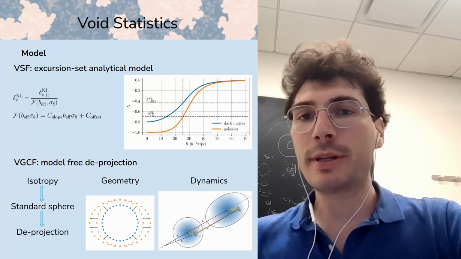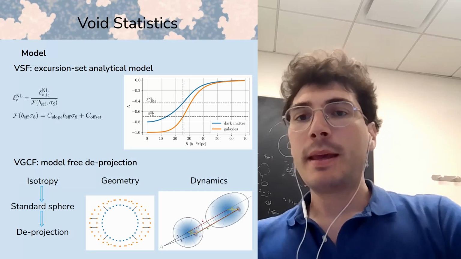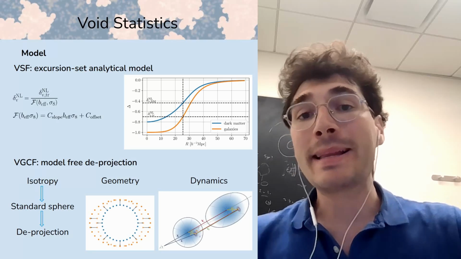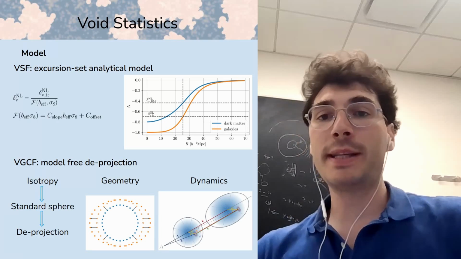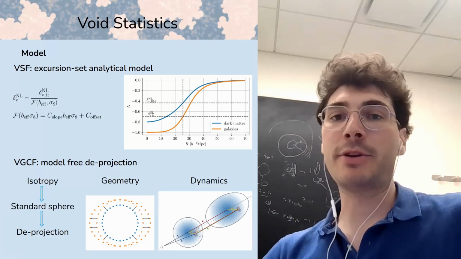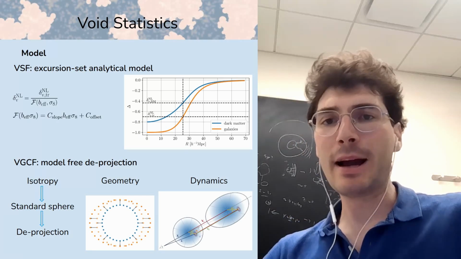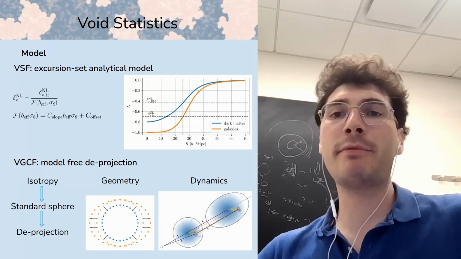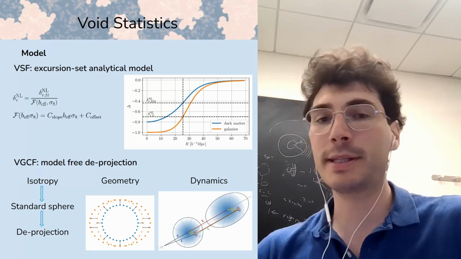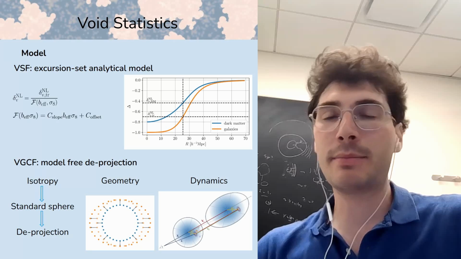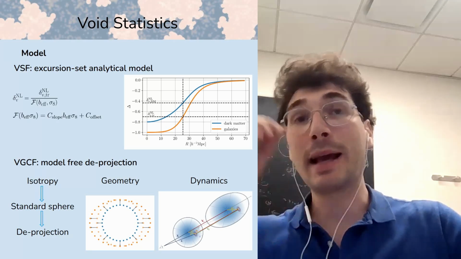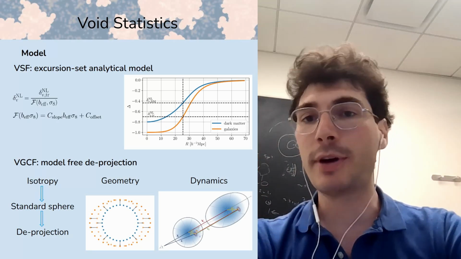For the void size function, as described before, it is possible to theoretically describe the size distribution of voids reaching a fixed value in their matter density contrast. However, in galaxy surveys, we have access only to the galaxy density contrast, and we therefore need a model for the bias relation between the galaxy and matter density contrasts in voids.